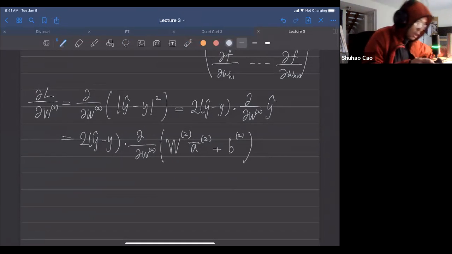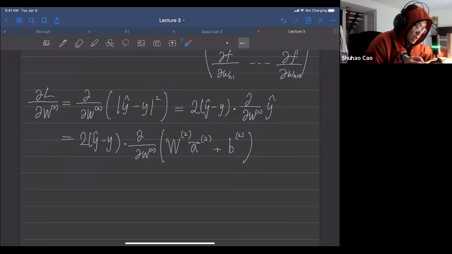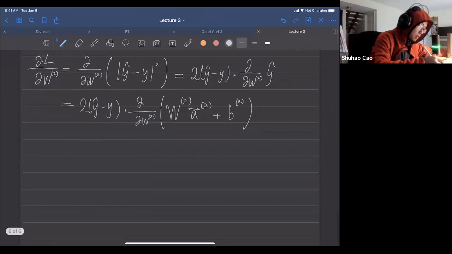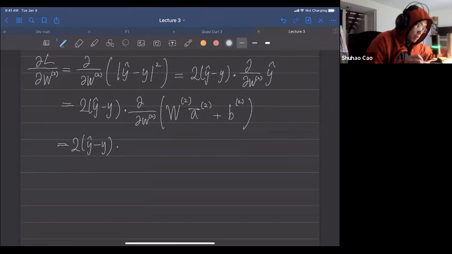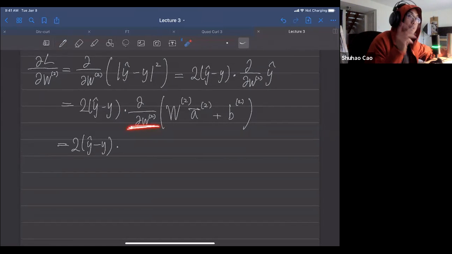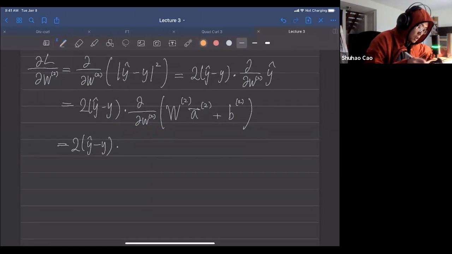Because we're taking the derivative with respect to W2, it has nothing to do with B2, so this one is treated like a constant. Keep in mind W is the 3x1 matrix, so our result should be a 3x1 matrix.